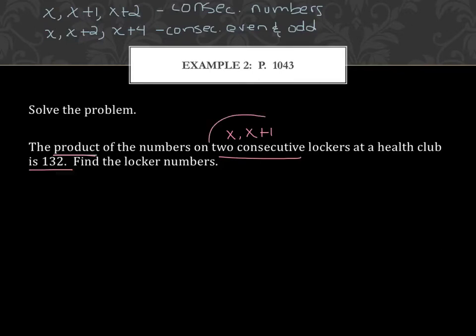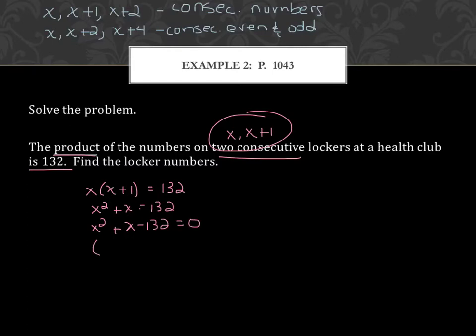So x times x plus 1 equals 132. There's the product by multiplying them equals 132. Then I can distribute the x, which would give me x squared plus x equals 132. Set that equal to 0: x squared plus x minus 132 equals 0.